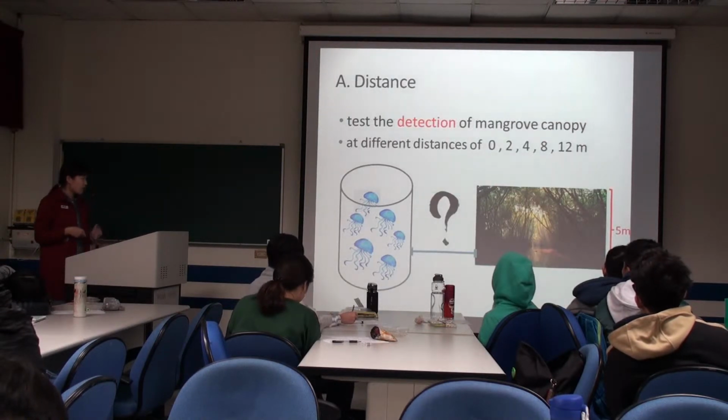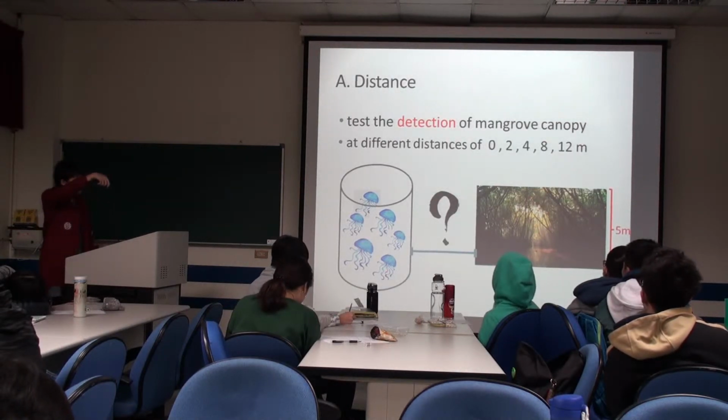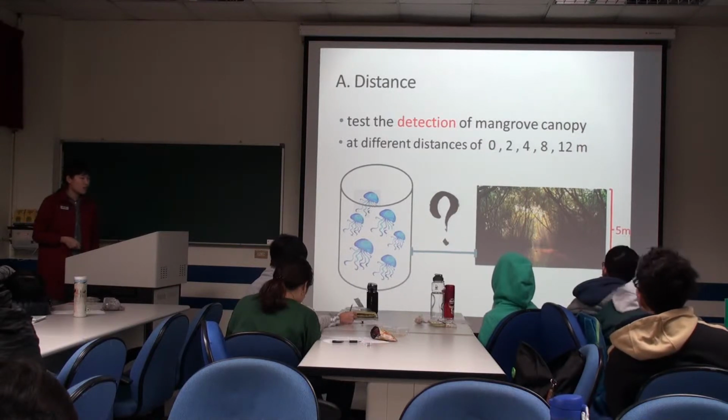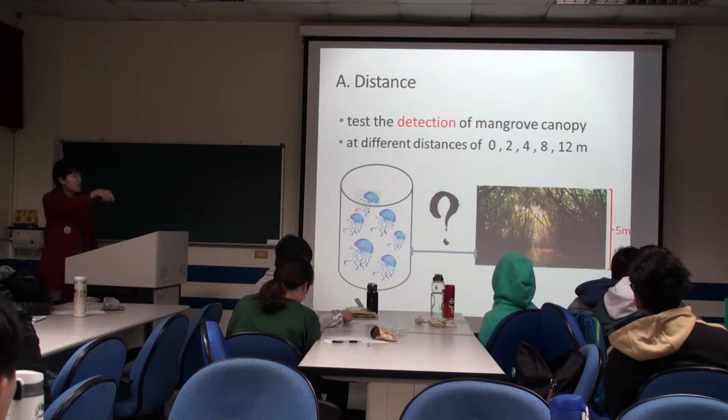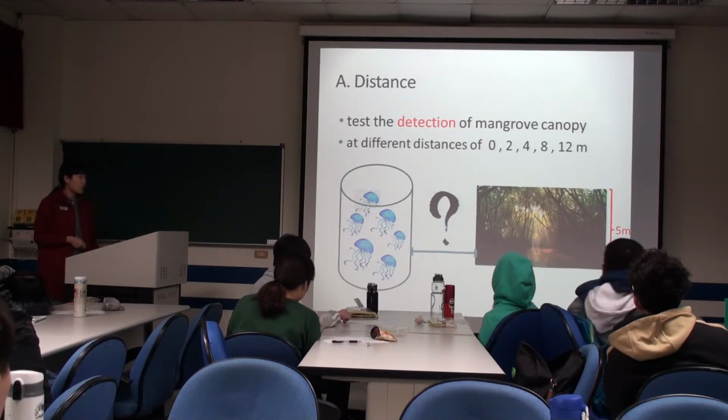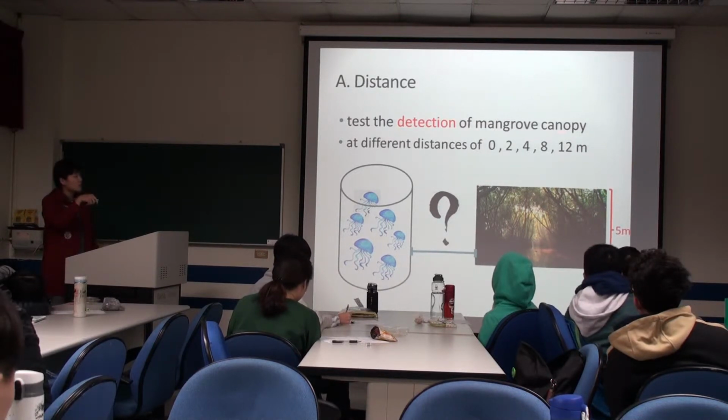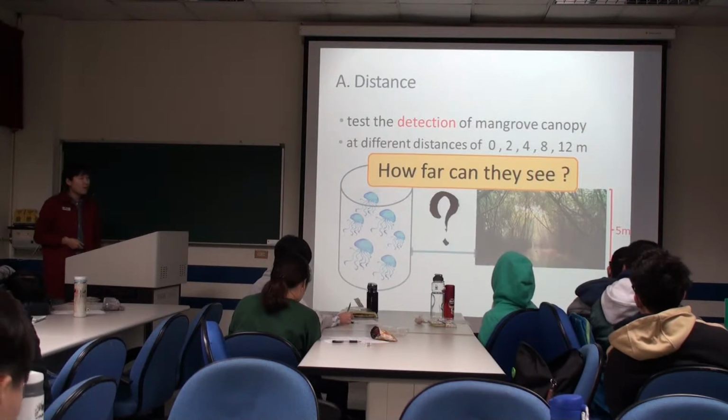In experiment 1, we put several box jellyfish in a cylindrical tank for testing the detection of an approximately 5-meter tall mangrove at different distances of 0, 2, 4, 8, and 12 meters. The purpose is we want to know how far they can see.